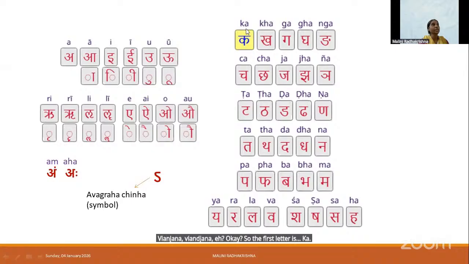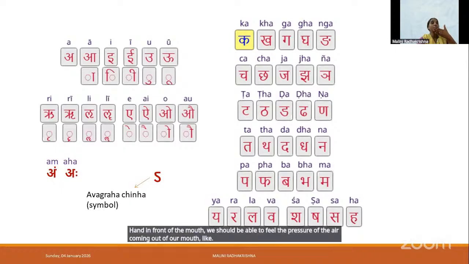If you see K, it is only Ka, so we need not stress over it much. The next letter is Kha. When we pronounce it, we can feel the breath coming out of our mouth. If we keep our hand in front of the mouth, we should feel the pressure of the air coming out, like Kha.